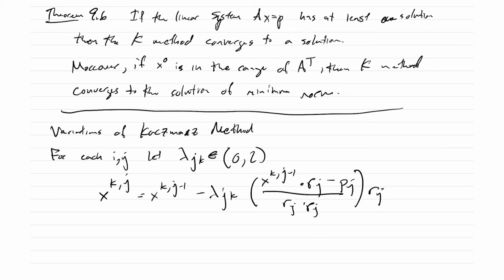And so then this is a relaxation version. With lambda jk equal to 1, this is the original method. And yeah, so this gives you a way of doing it.